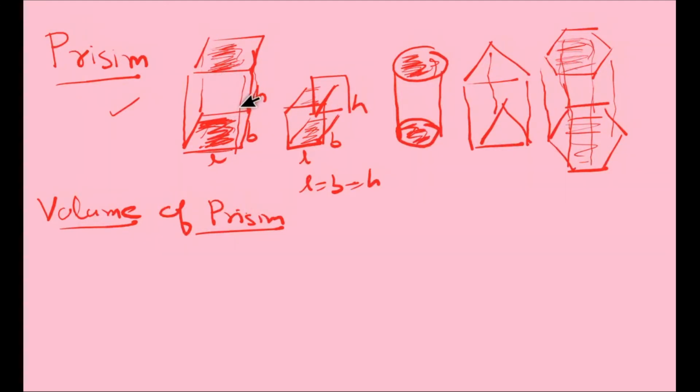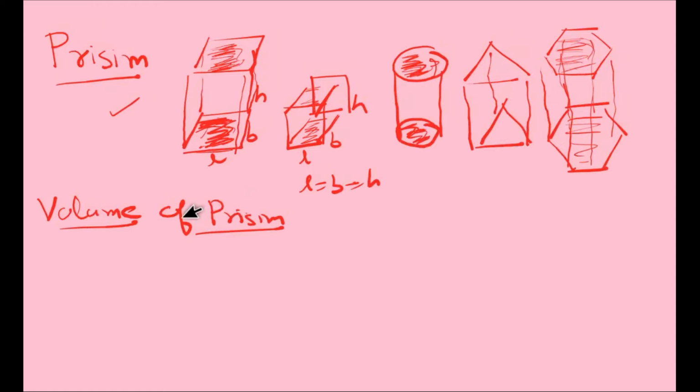Let you are sitting in a room. The air in a room comes in volume, that is volume. Okay, if it is a solid shape, let it be a wooden box, total wooden box. It is not a hollow box, it is solid. Okay, then the wood required to make this type of the shape, that is the volume.